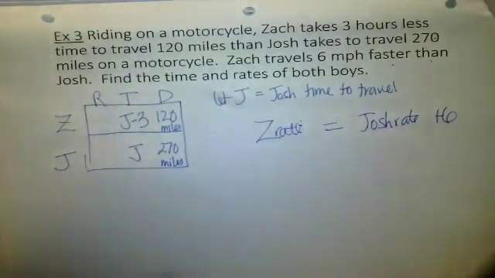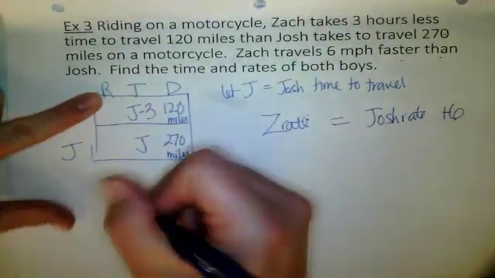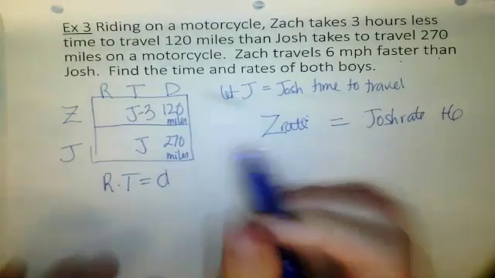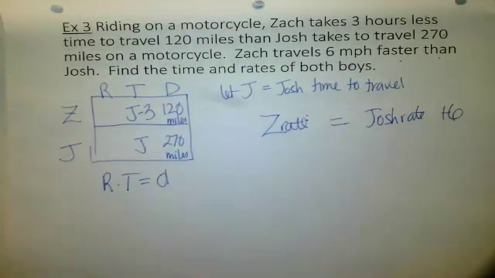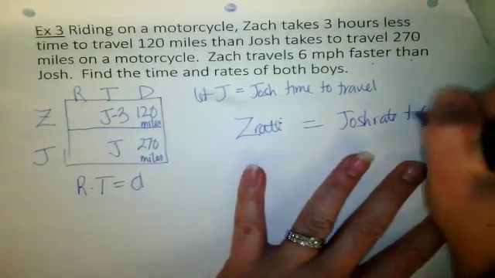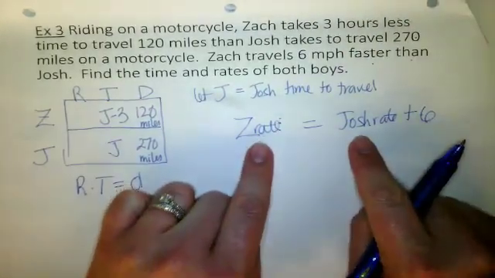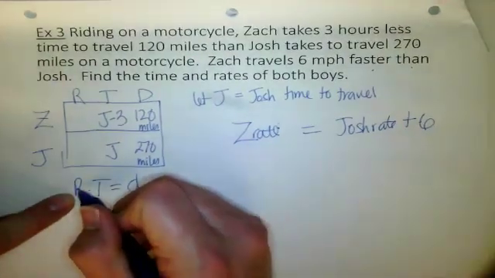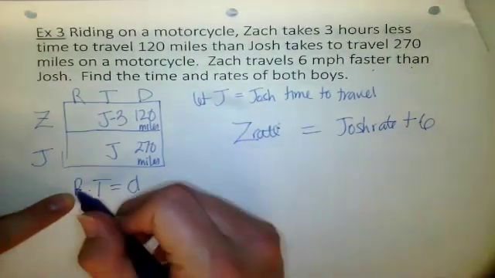So here's what I can do. I know that rate times time equals distance. I want to get rate by itself. What do I need to do to get the rate by itself?